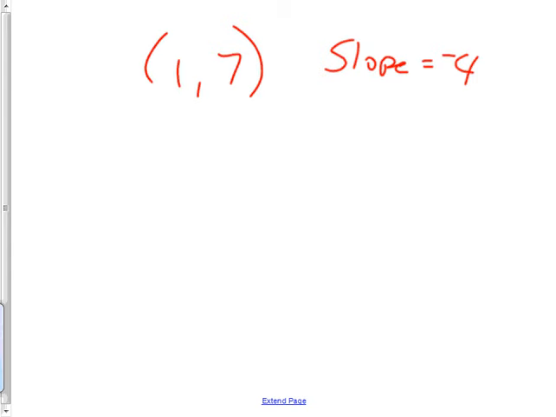One of them is, given a slope and a point, write an equation that's either parallel or perpendicular to the given equation. Do you remember if I had this point and this slope, how would I do an equation perpendicular to this?